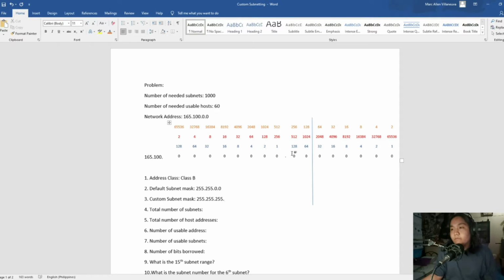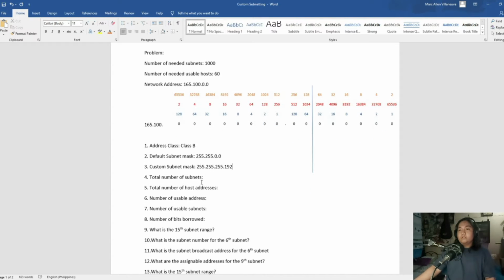Now in our fourth octet, we can see we have 2 ones here, since there is a line, so we need to stop here. So we just simply add this one. 128 plus 64 is 192. There, we have our custom subnet mask.